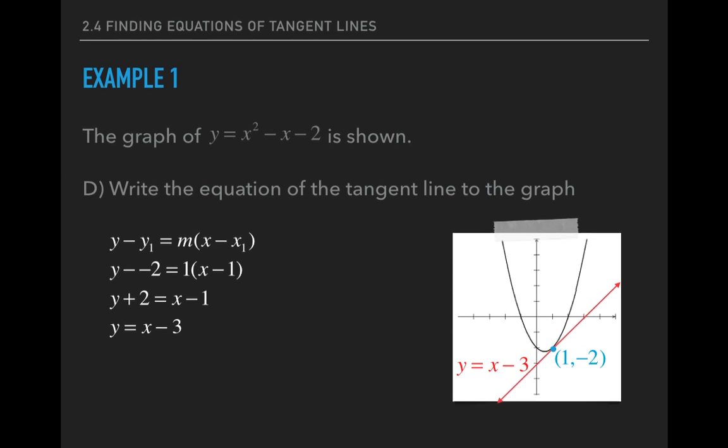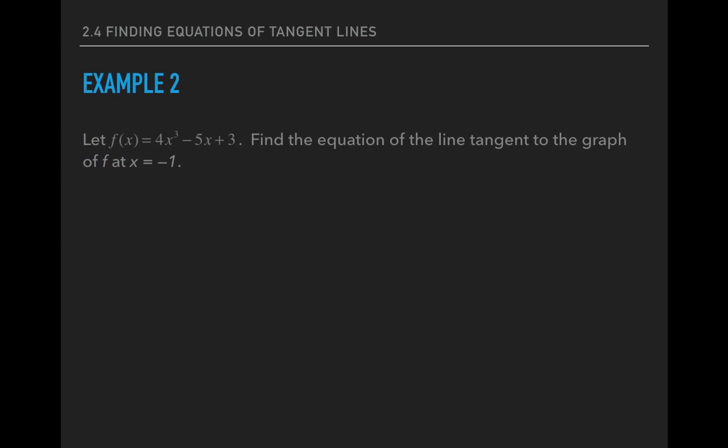All right, so let's look at something a little different here. Let's find the equation of the line tangent to this cubic graph at x equaling -1. So the first thing we want to do is find the slope of our tangent line, which is found using the derivative.